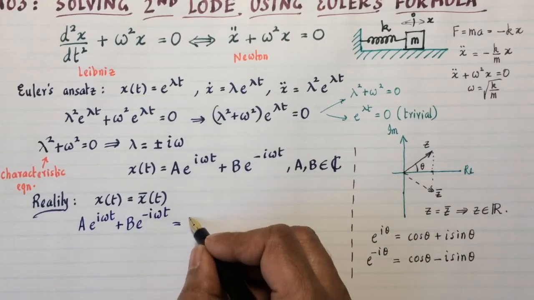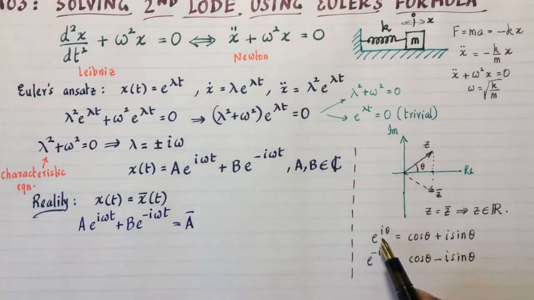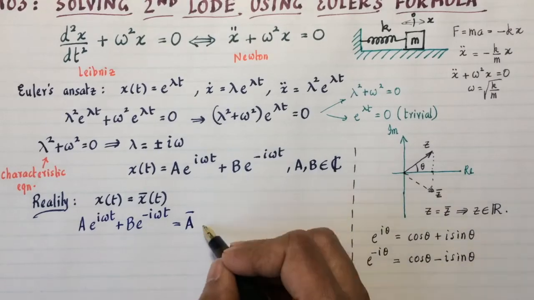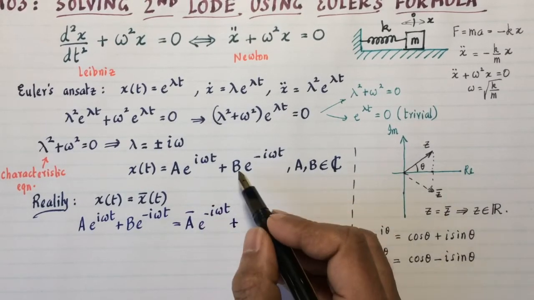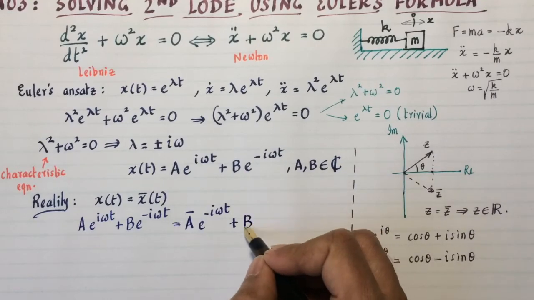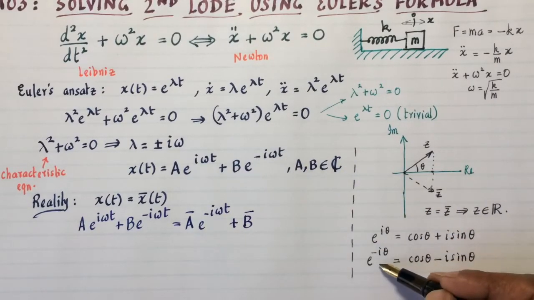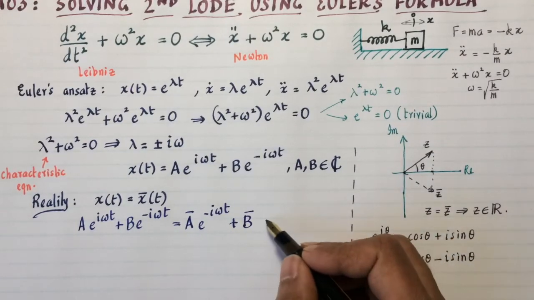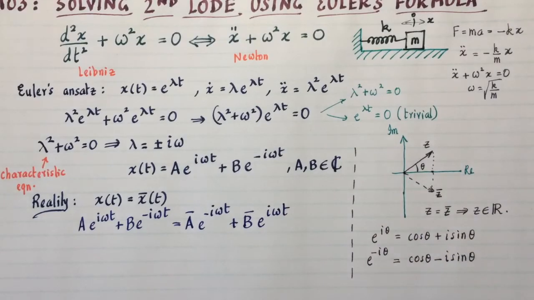I have to take the bar of everything: A bar, and the complex conjugate of e to the i omega t is just equal to e to the minus i omega t, plus the complex conjugate of B is B bar, and the complex conjugate of e to the minus i omega t would be the reflection of that, which is this. So that's e to the i omega t. So we have to solve this equation. That's pretty easy to see.